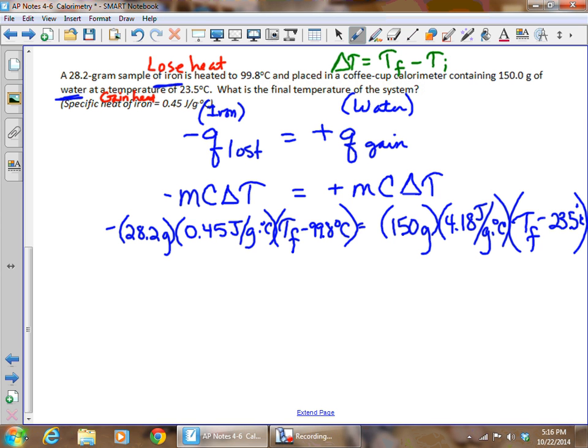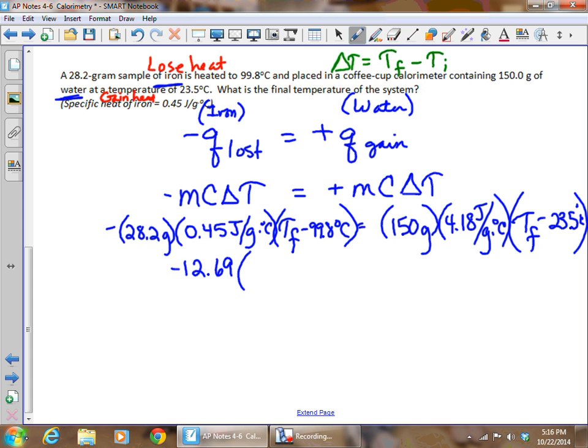So there's our equation. So let's combine our terms, okay? First of all, on the left-hand side, we've got negative 12.69. When we multiply the numbers together, negative 12.69.